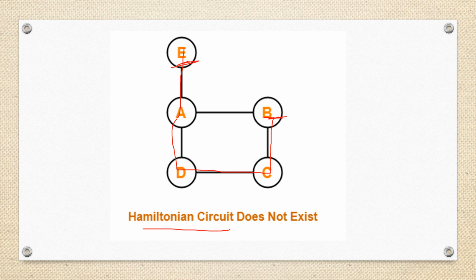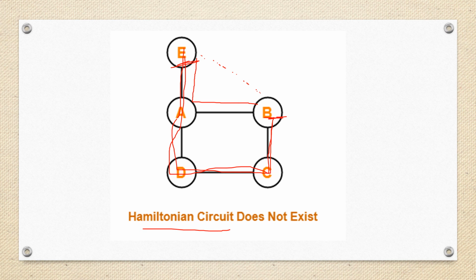So, again, B, C, D, A, E. So, we have to go back to B. Kaso, wala naman nagko-connect ng edge from E to B. So, I cannot go back directly from E to B. Instead, kailangan kong ulit dumaan sa A then papunta sa B, which is hindi nga pwede. Kasi we can only use the vertex once lang.